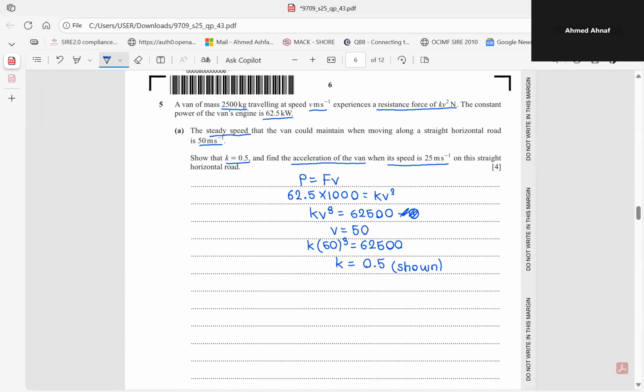Now we have to find the acceleration of the vehicle when the speed is 25 meters per second. To do that, we have to find the force exerted by the van's engine when the speed is 25 meters per second.